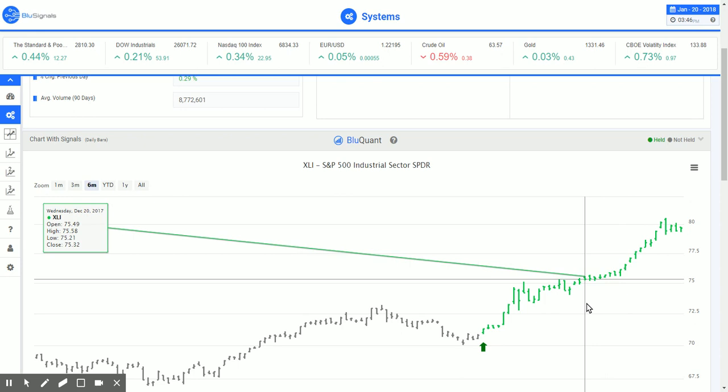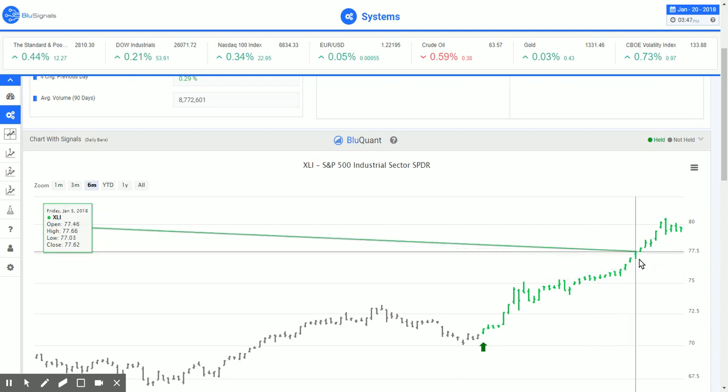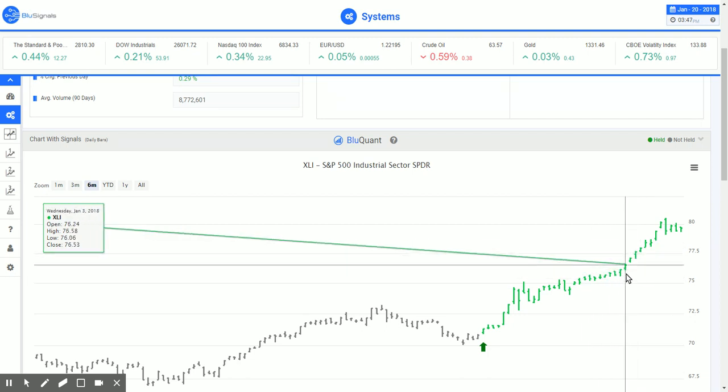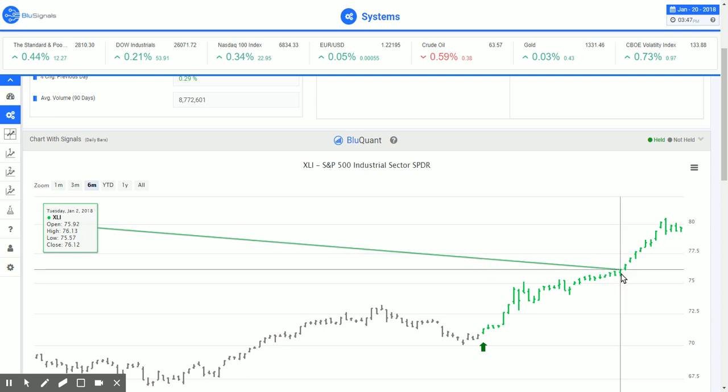They would take that information and that directional bias into their intraday trading and take perhaps only the long signals from a stock that's currently an open position in the BluQuant system. In fact, there are users who do exclusively that very thing.